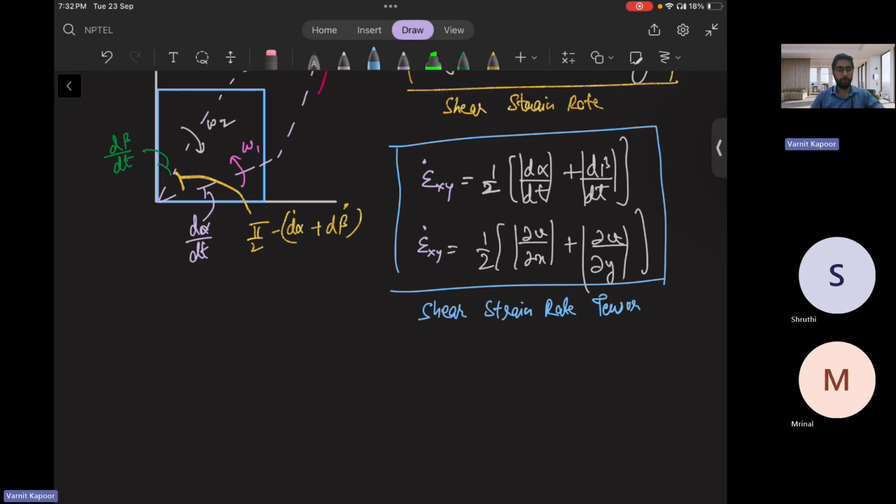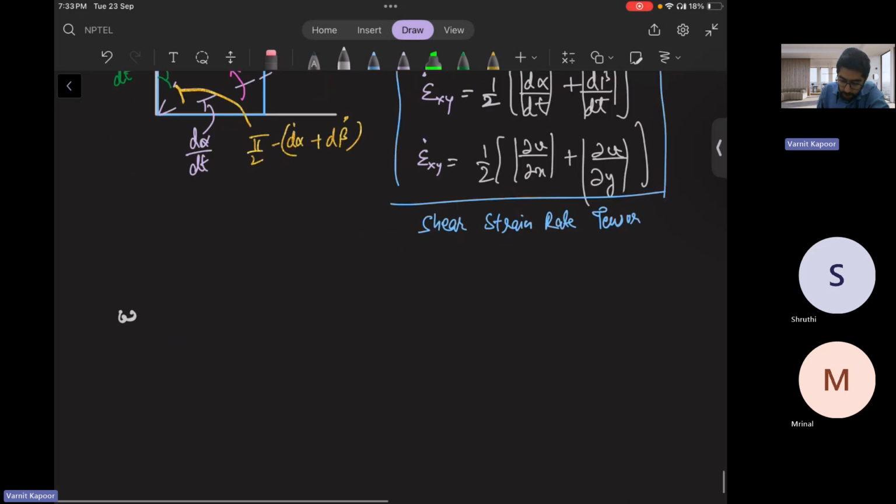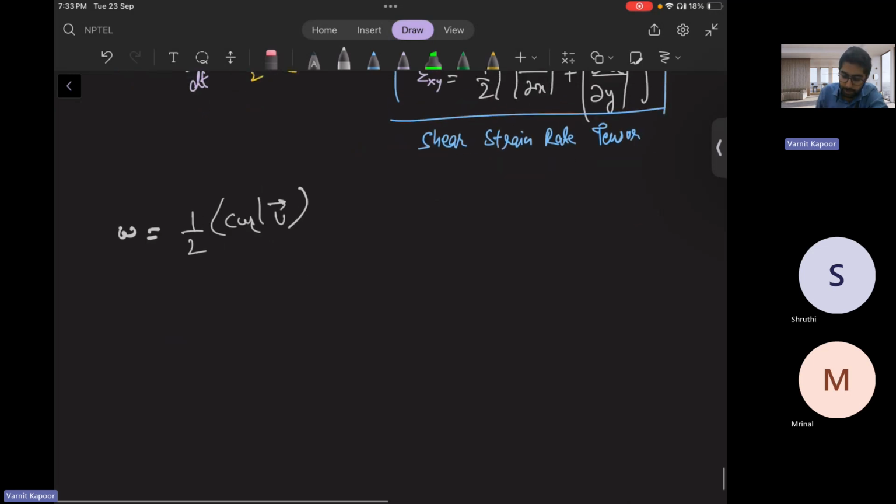And we write omega, that is the net rotation, is nothing but half of curl of v. Curl operator you might have studied in mathematics. That is half of grad cross v.